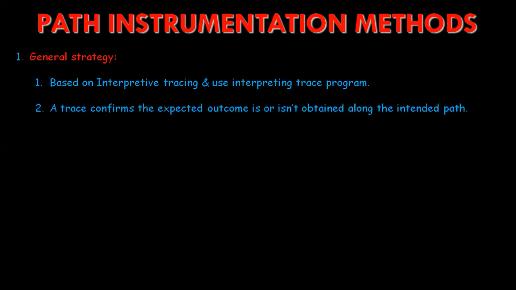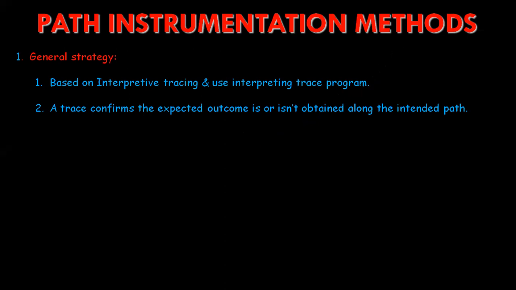Here the interpretive trace program is the one that is going to execute the statements. We execute every statement in order, and we record the intermediate values of all these calculations and the statement labels that are being traversed. If we run the test routine under such a trace, then we have all the information we need to confirm that the outcome was achieved by the intended path or not.